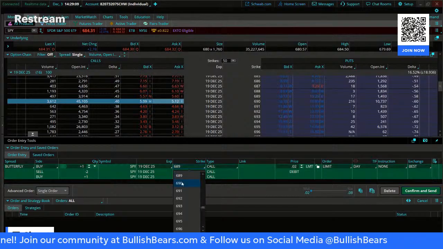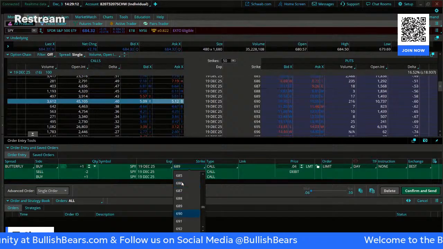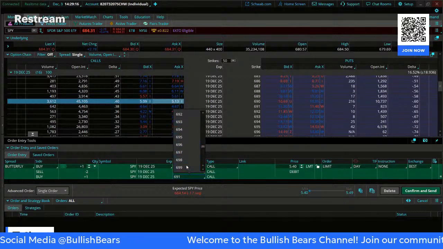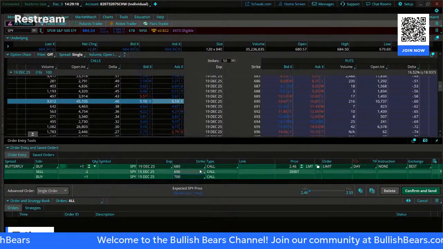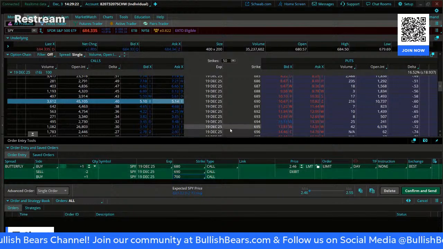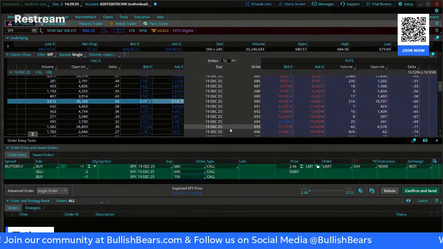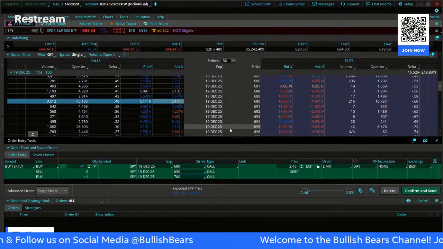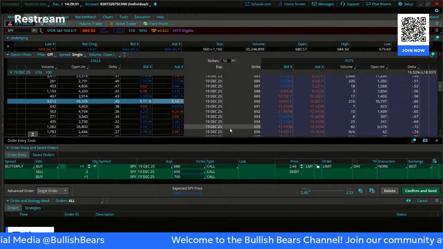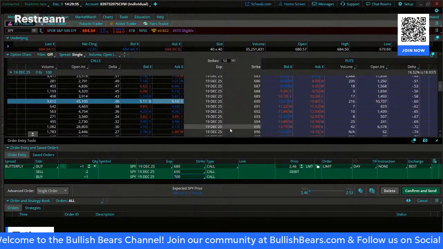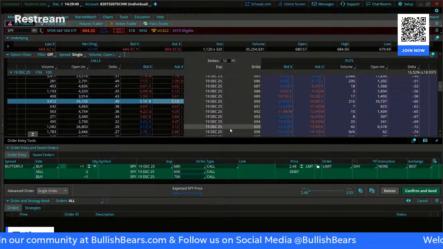So from 690, we got 680, and then we've got 700. It's a $10 wide butterfly, $2.50. So it's about 25%. We're risking three to make one. Wait, I said that wrong. We're risking one to make three. I had that completely backwards. Risk one to make three. That's also really good, all things considered.